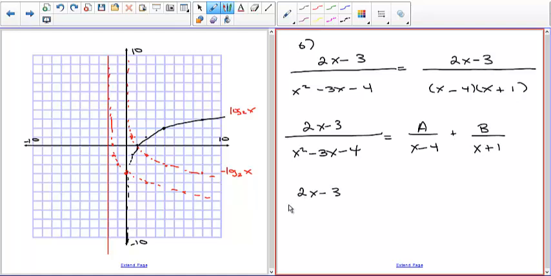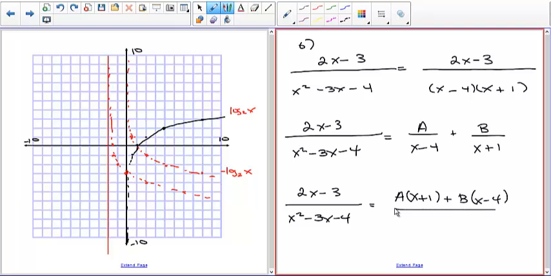And if you have two linear terms, you can just cross multiply to get the numerator. So you get A, which is the numerator here, times the denominator there. And then you take the numerator here and multiply by the denominator there. And then you multiply the denominators together.